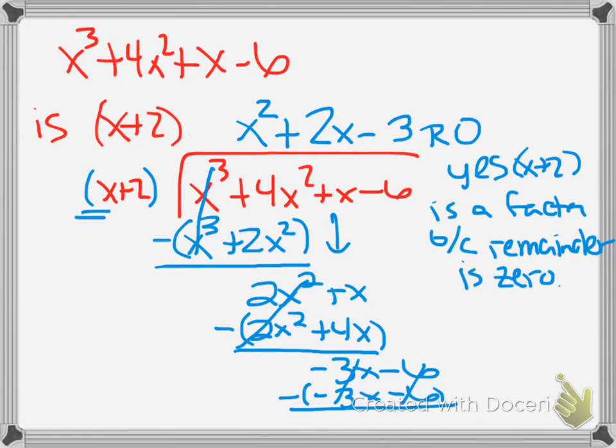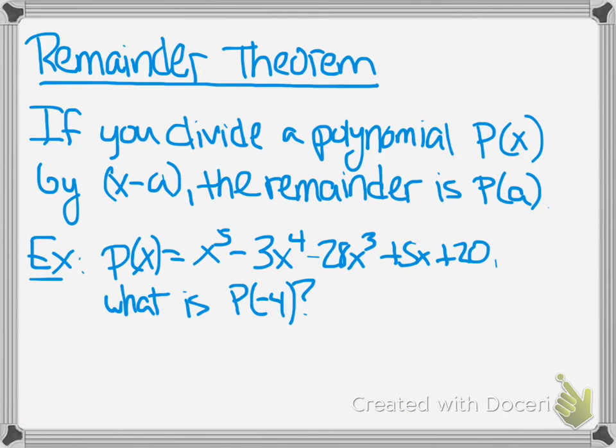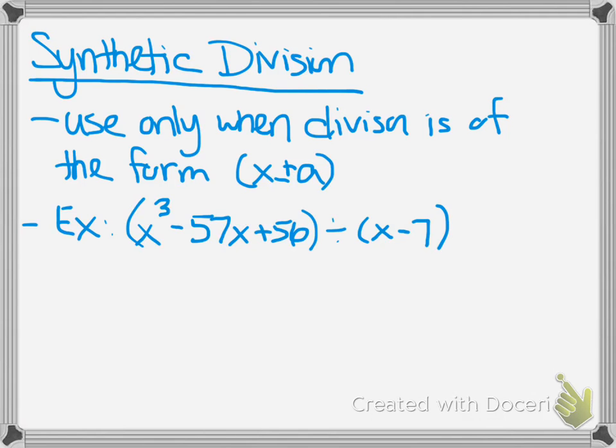Now, the next thing we want to do is show you an easier way that we can do division. That process is known as synthetic division. Now, synthetic division only works when your divisor is of the form x plus or minus a. It cannot have any degree other than 1, and it cannot have a coefficient in front of your x.